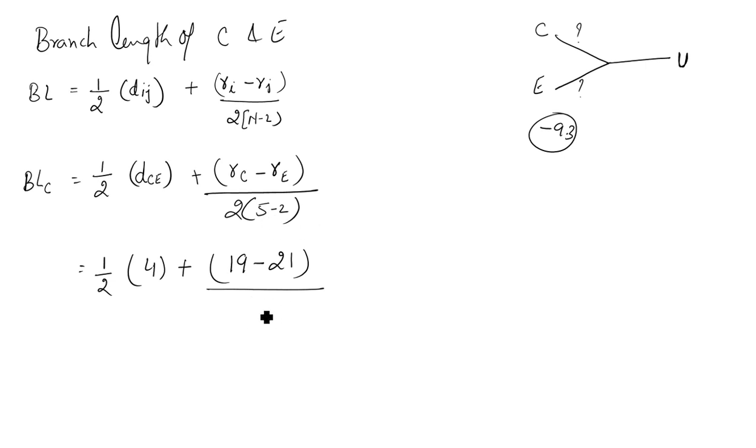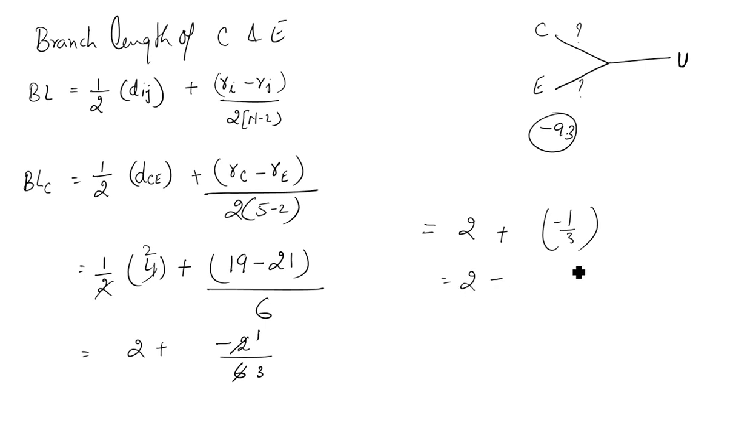So it is 1 by 2 of 4 plus 19 minus 21 over 3, which is 2 plus minus 2 by 3, then times 1 by 2, that is 2 plus minus 1 by 3.